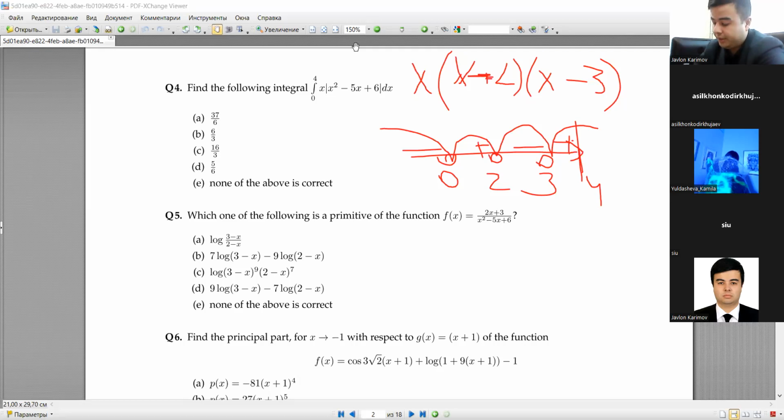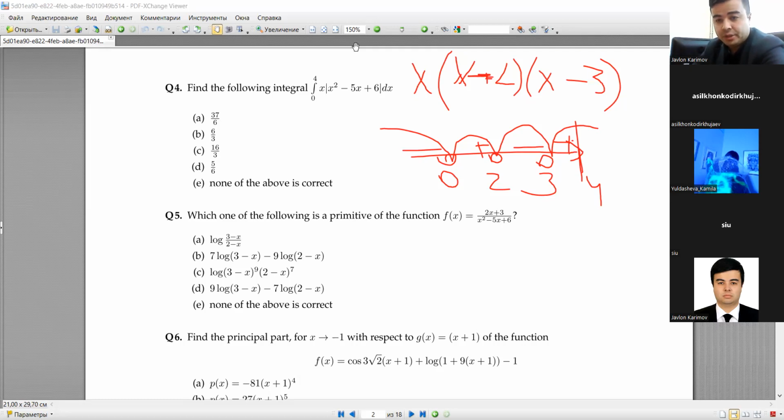So, but what do we need? Is it correct? So here we have plus.